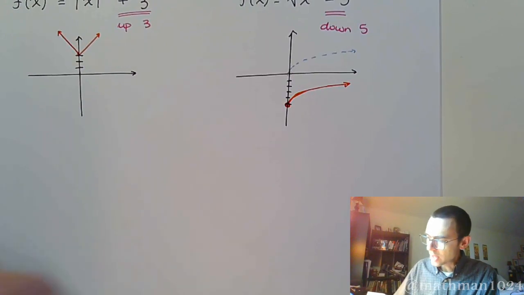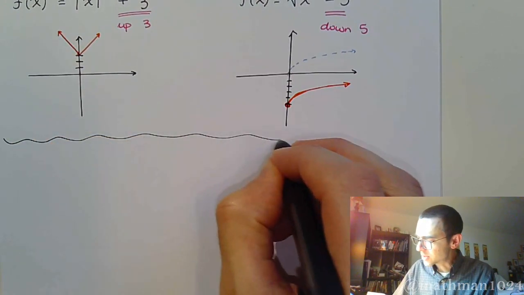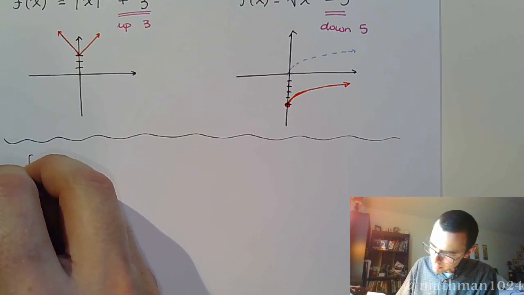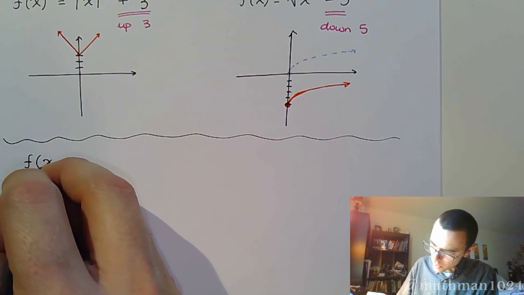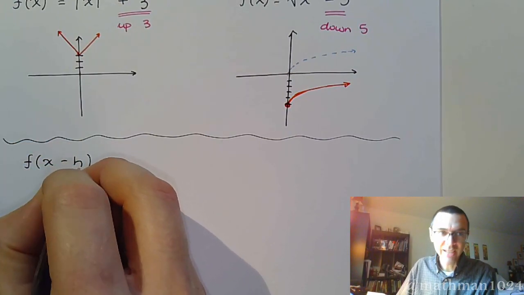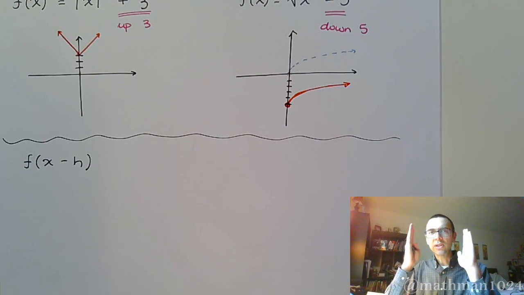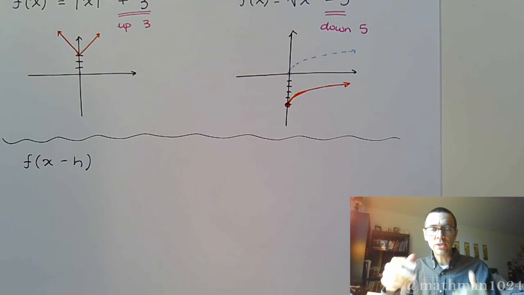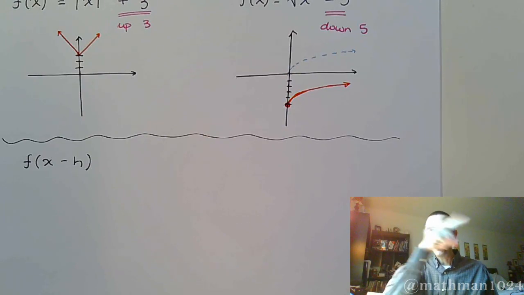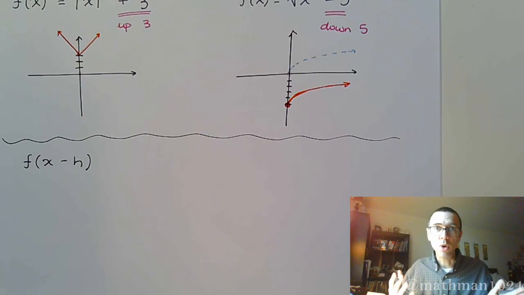All right, so that's when you have some kind of adjustment that's outside of your function. But then we run into the issue where we have an adjustment made inside. So something that's going to be inside your grouping symbols, inside the square, inside the radical, inside the absolute values, whatever.